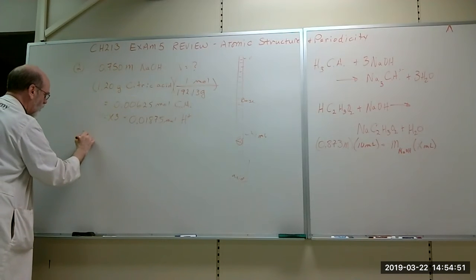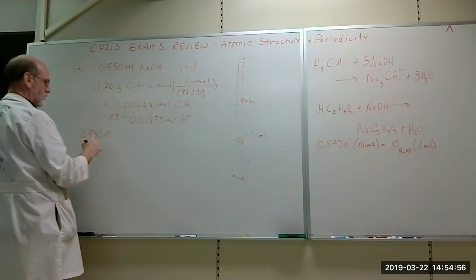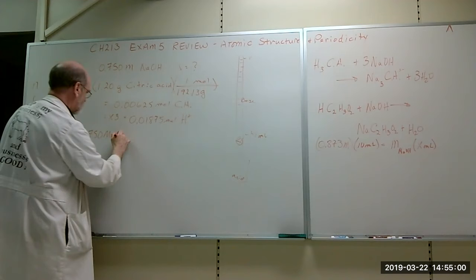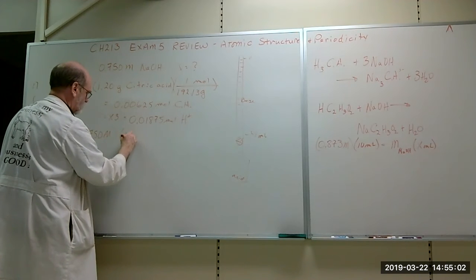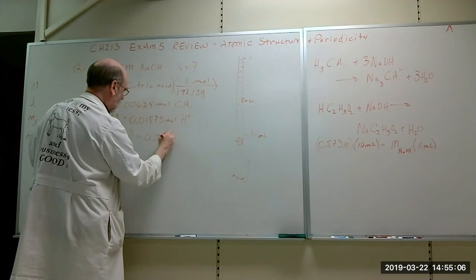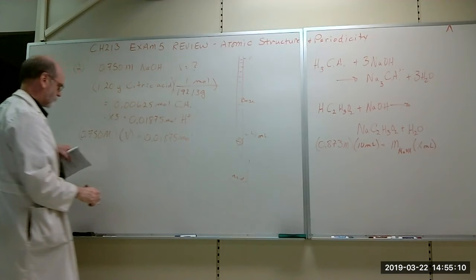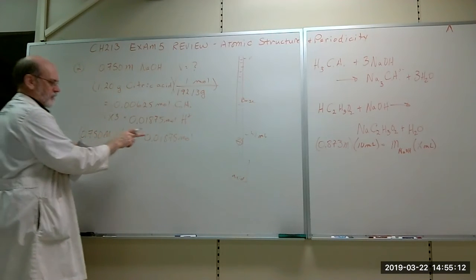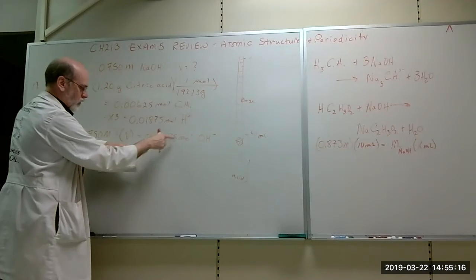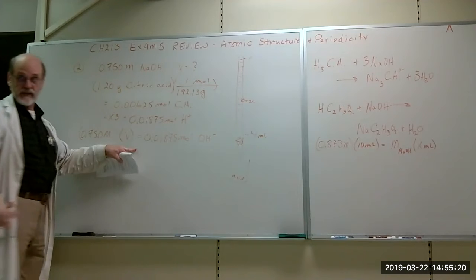So we got 0.750 molar times volume is equal to 0.01875 moles, because this is going to be moles of hydroxyls that's going to neutralize that many moles of hydrogens.